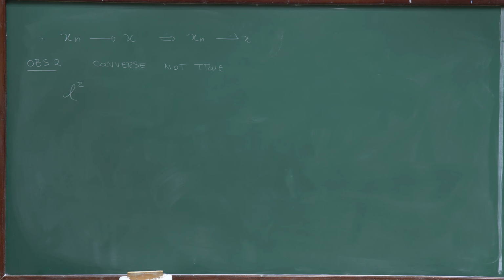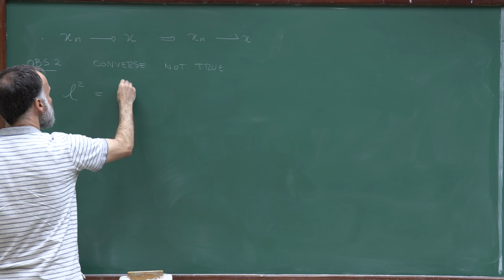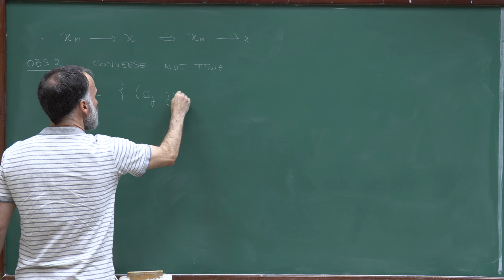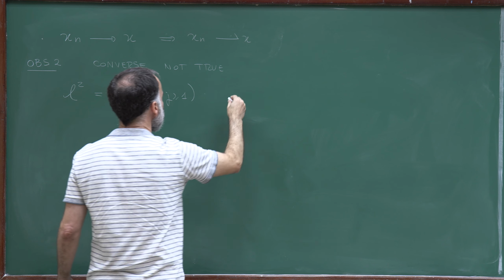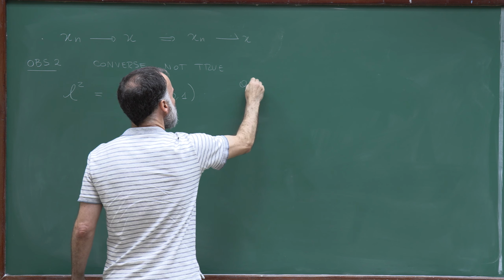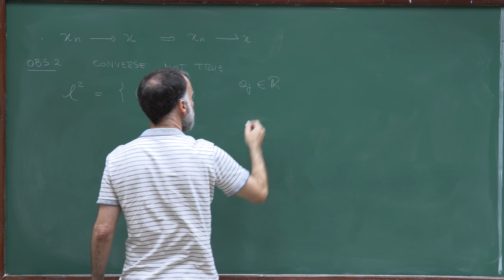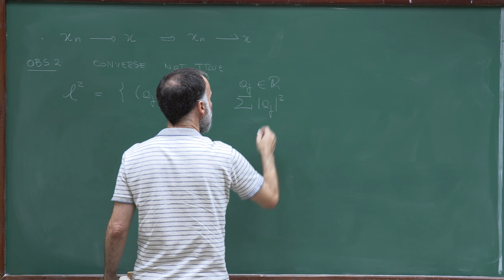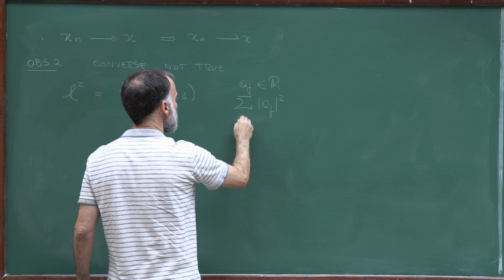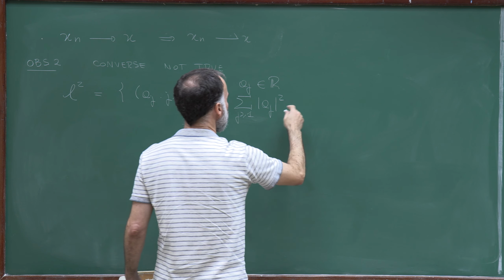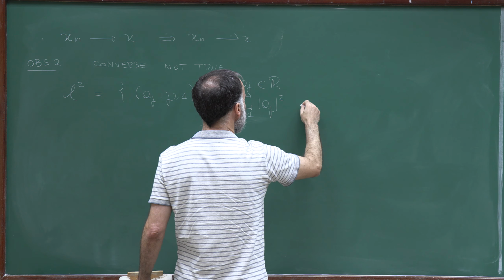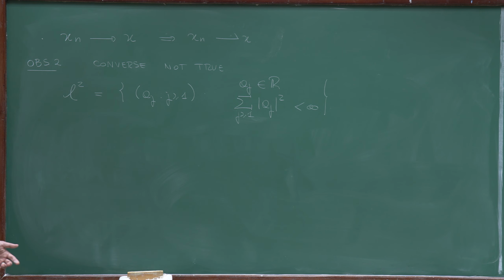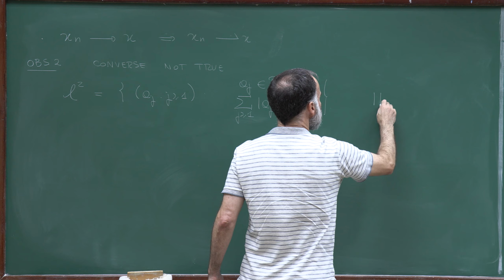Recall that we represent by L2 the space of all sequences AJ, J larger than 1, with AJ in R for this example, and I'm assuming that AJ is square summable, which means that the sum for J larger than 1 of the square of the absolute value of AJ is bounded. So we have seen that L2 is a Hilbert space.